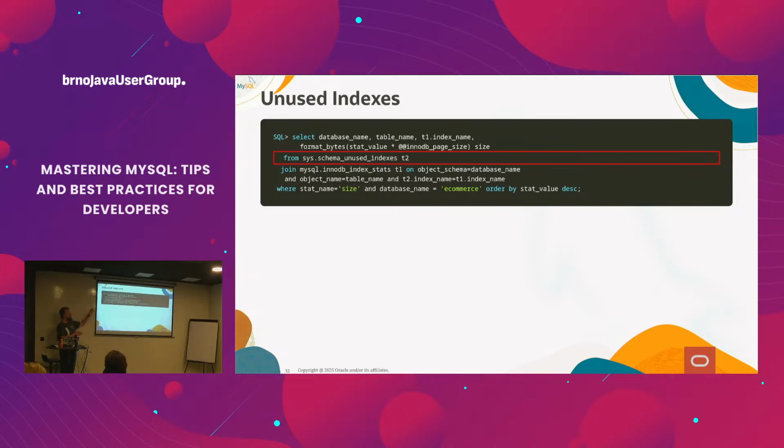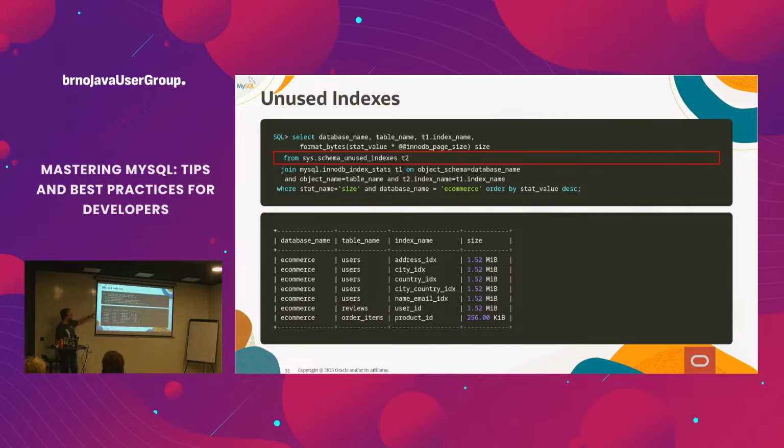So if you say, okay, Fred told me to check all the unused indexes, let's start my MySQL and run the query, it's a bad idea. You will have plenty of them if you have nothing running on it and stuff like that. So you need to do that when you have several days of uptime, even months, and in production. But after a while, you run it, and it will give you all the indexes, with this query, that are never used for replying to queries, for giving you information, right?